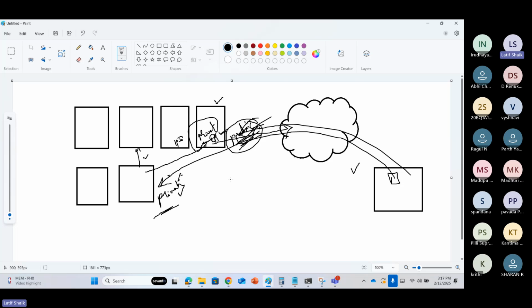Just like when you are at home, right now everybody is at home, what are you wearing? Maybe a track pant, t-shirt, or shorts. Boys generally; girls wear normal dresses.